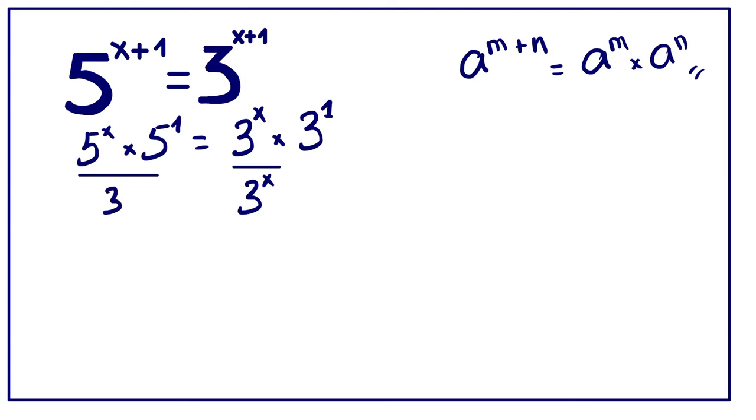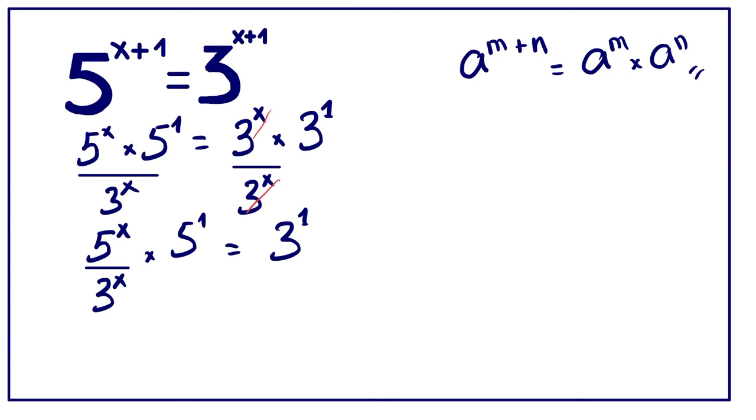If we do that, 3 to the power x will cancel out. So we'll be left with 5^x over 3^x times 5 to the power 1 equals 3 to the power 1.